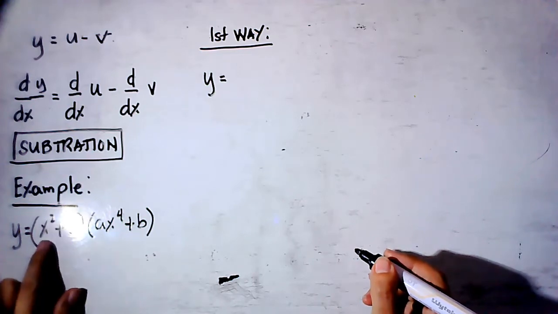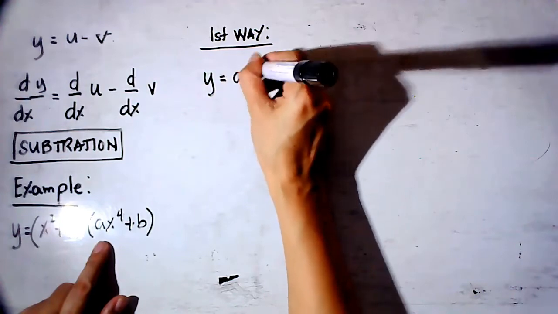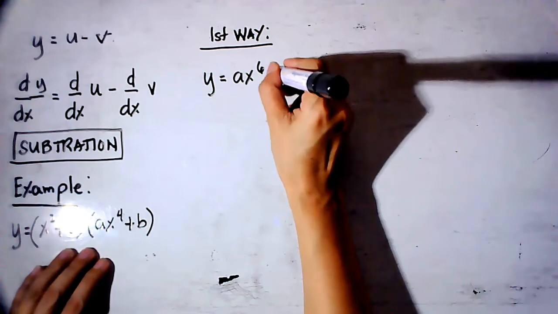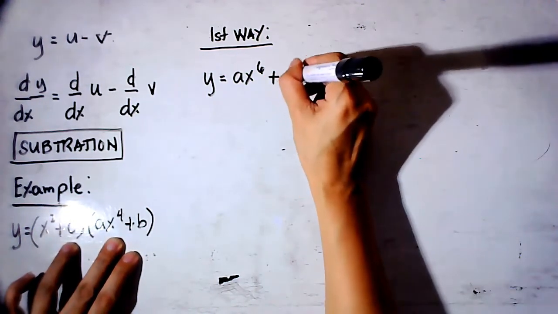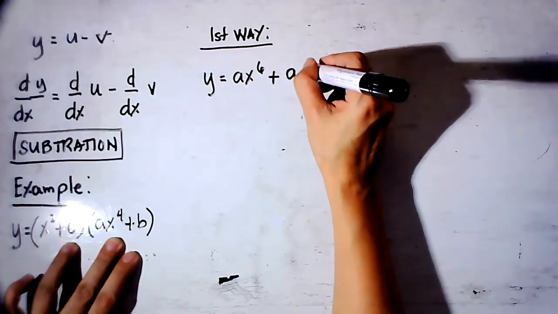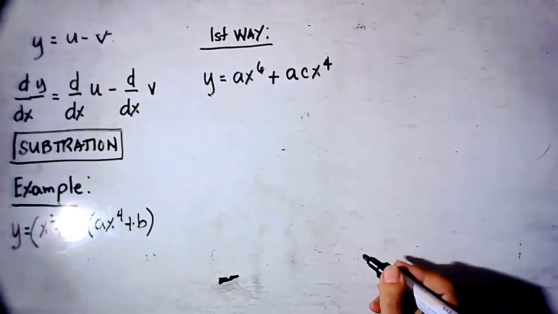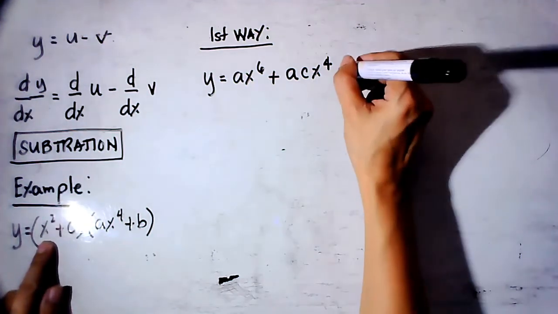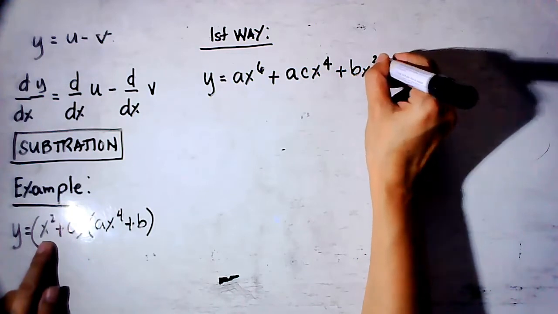Then we would have x squared times ax to the fourth will be ax to the sixth, plus ax to the fourth times c, this is c x to the fourth, plus, of course, you're going to multiply b times x squared, so that would be plus b x squared.